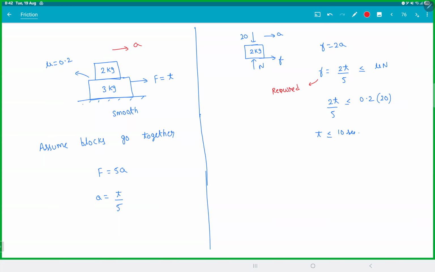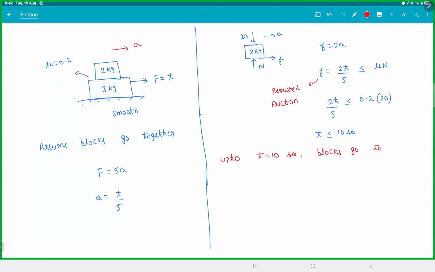At t equal to 2 seconds, it's 4 by 5. At t equal to 5 seconds, it's 2 newtons. So the friction requirement is also increasing with time. But friction maximum can give only 4 newtons. So at 10 seconds, friction will reach its maximum value. So up to t equal to 10 seconds, they will go together. That's my assumption, and that is right, because up to 10 seconds, friction can provide whatever you're asking.